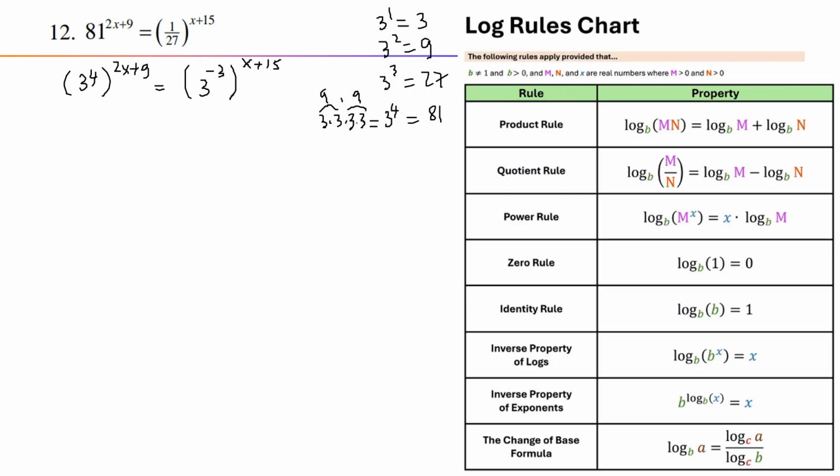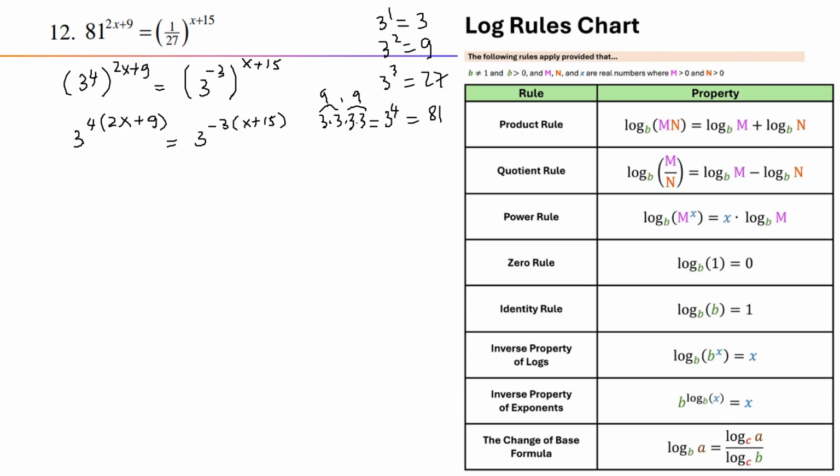Okay, now we will have 3 to the power of 4 is m times n into x plus 9. That equals 3 to the power of negative 3 times x plus 15.